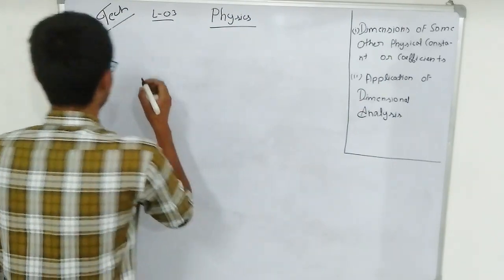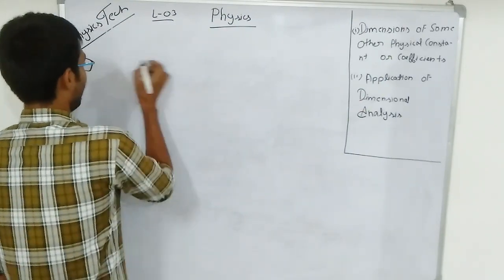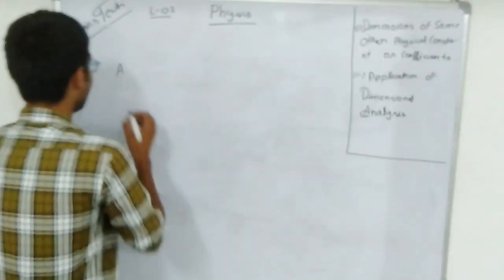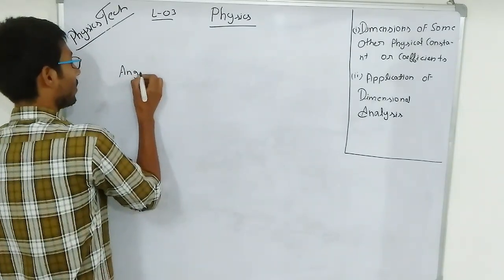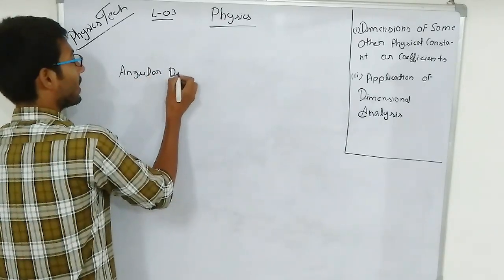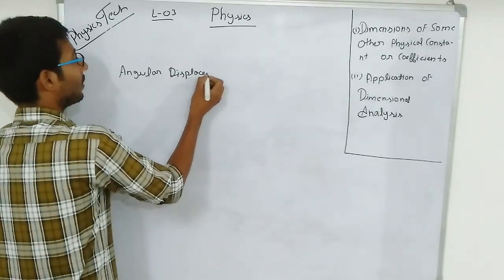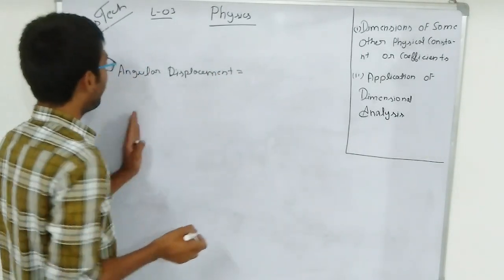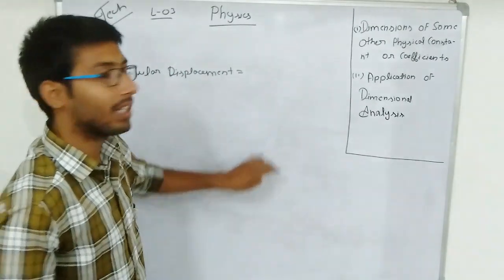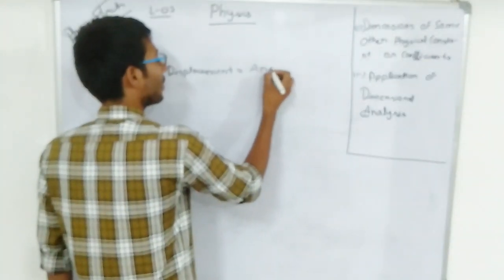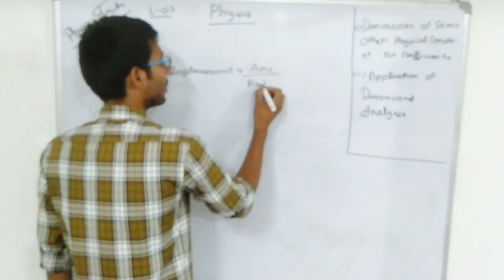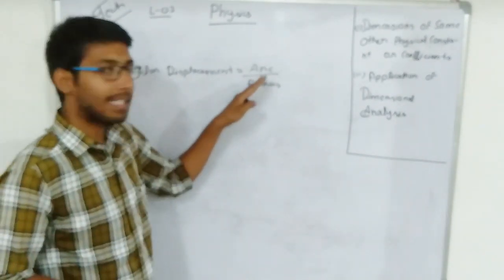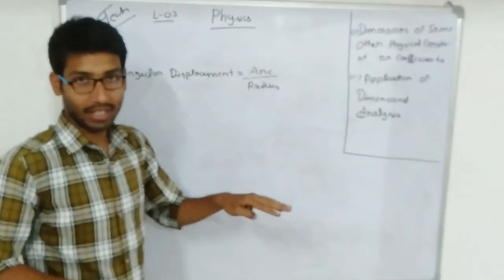Students, number first formula is angular displacement. We know that the formula of angular displacement is equal to arc upon radius. We know that arc is a length and radius is also a length.